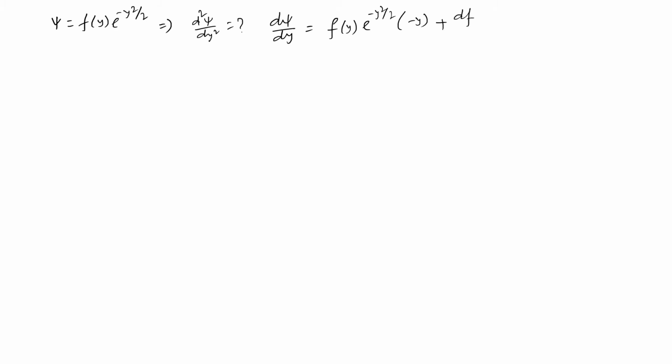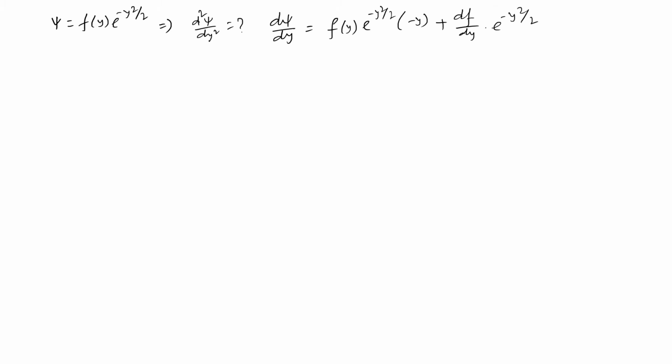So we have considered psi equals to f of y e to the power minus y square by 2. Now our job is to find d²ψ/dy². I have to find first dψ/dy. This will go to f of y e to the power minus y square by 2 into minus y plus df/dy e to the power minus y square by 2.